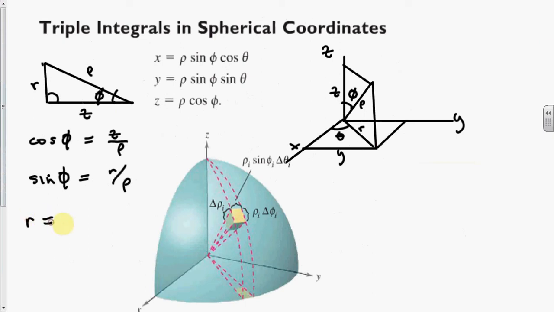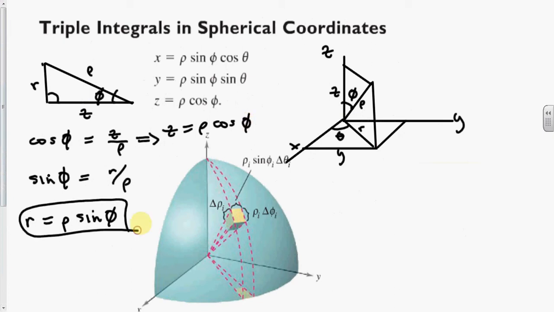So we get R is rho times sine phi. We also get from here that Z is equal to rho cosine phi.